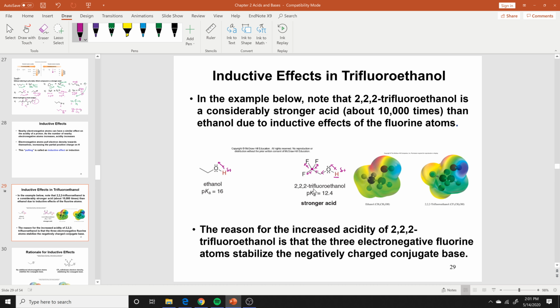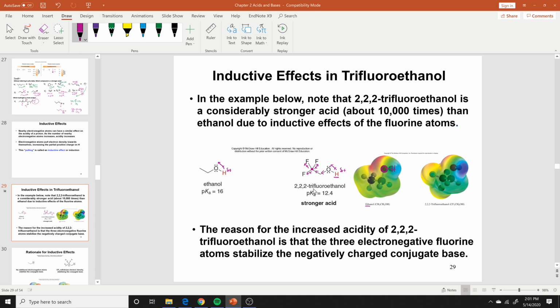Here, the red region is normally the region that represents the electron rich area, where electrons are. And in this case, in the ethanol, the red region is basically on the oxygen. This is my oxygen, this is my O, and this is my hydrogen.